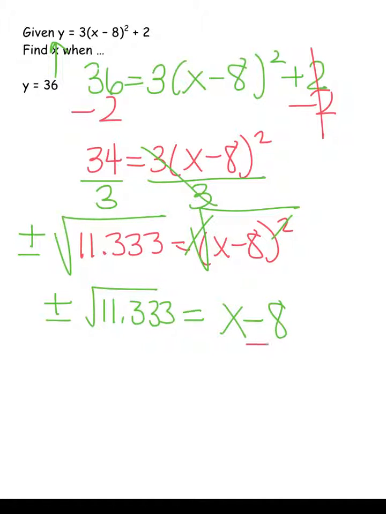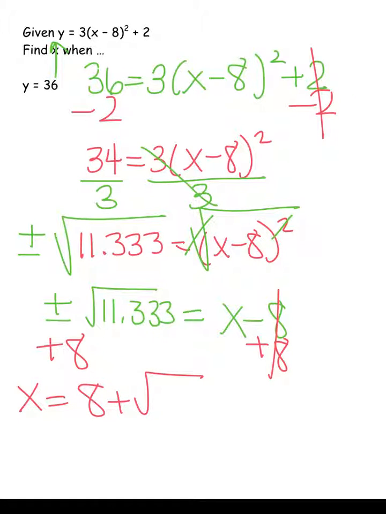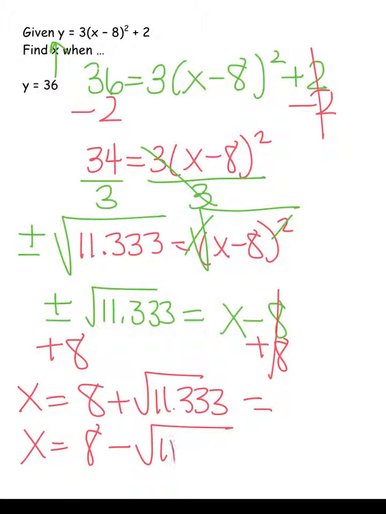And then to get x by itself, we'll add that 8. So we're going to get x equals 8 plus the square root of 11.333. And we're going to get 8 minus the square root of 11.333. And then you grab your calculator and type it in.